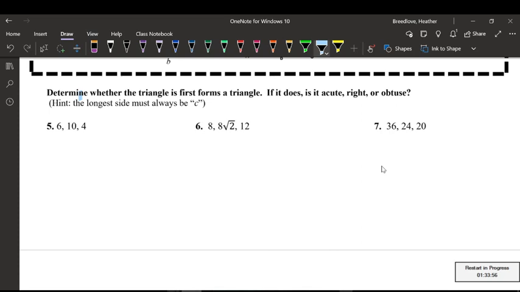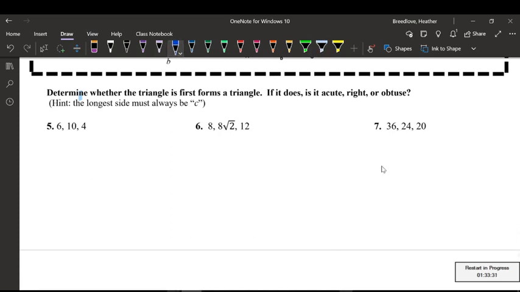What's it supposed to say? First, determine whether the triangle form. I don't know what that was supposed to say. Whether the triangle is acute, right, or obtuse. Whatever. We're just deciding what type of triangle this would make.